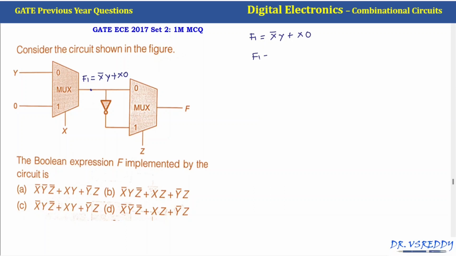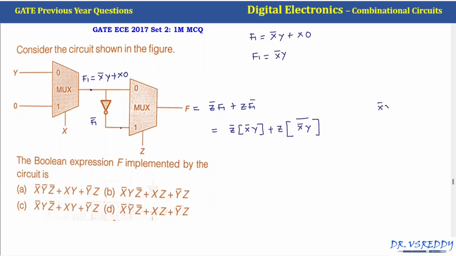Now F1 is equal to X bar Y. The output of mux 2, F, is equal to Z bar into input F1 plus Z into F1 bar.